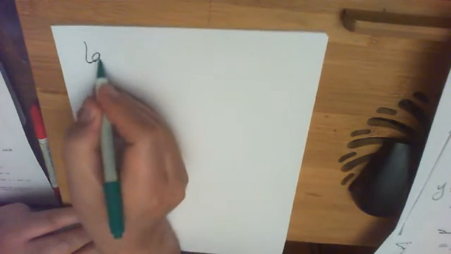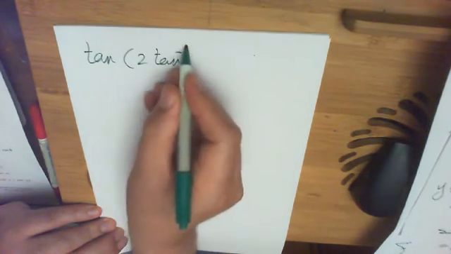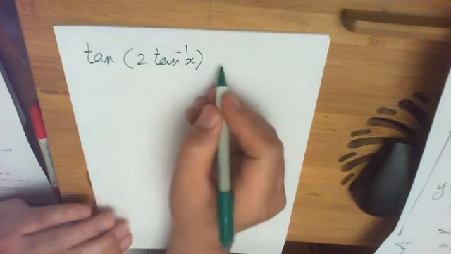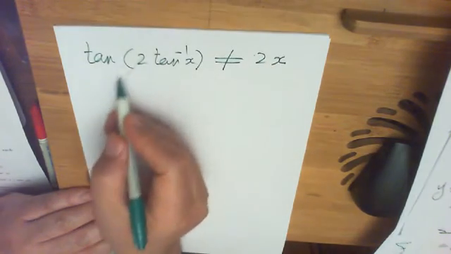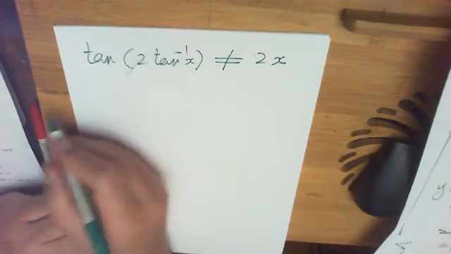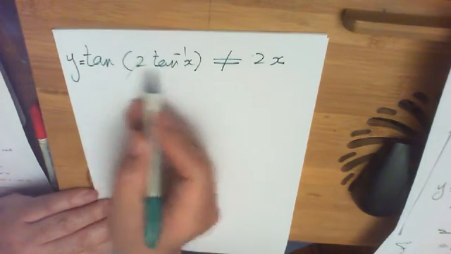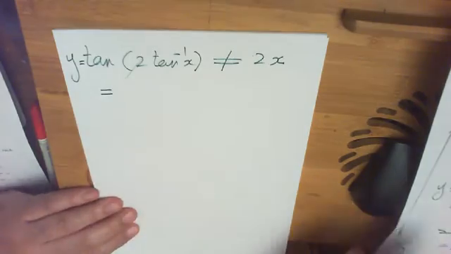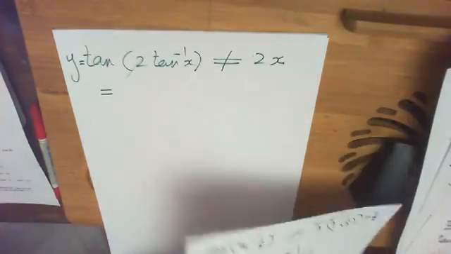He asks us for tan. What is tan of twice tan inverse x? As I told you before, and I warned you, this never equals 2x. We have to get rid of these two. Let this be y. This is twice an angle. Tan of twice an angle, I gave this before for you.